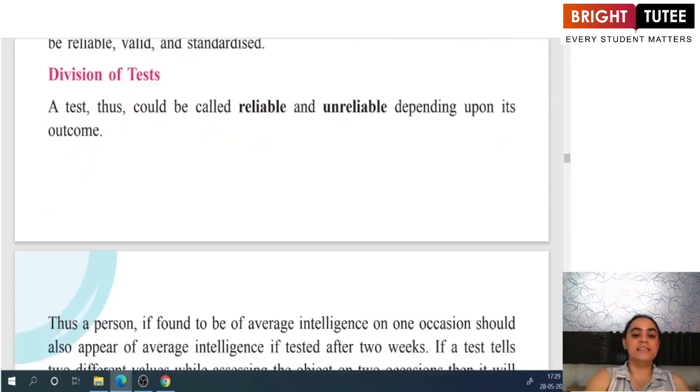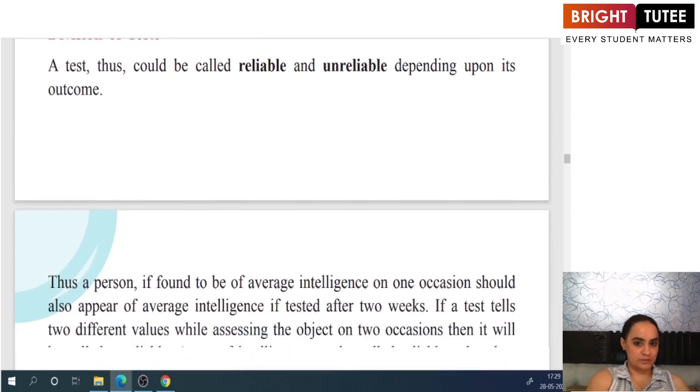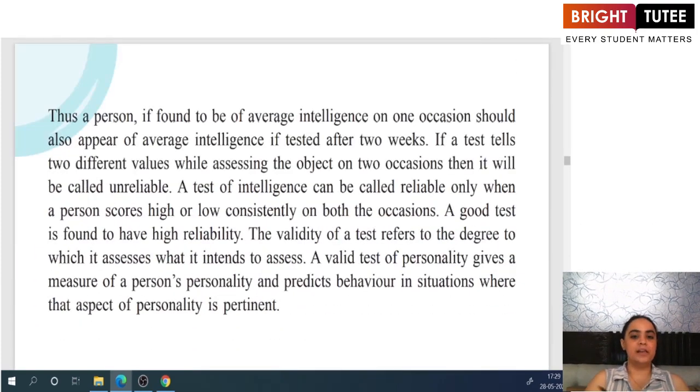Now, a test can be called reliable or unreliable on the basis of its result. What do we get at the end of it? What is the outcome of that result? For example, if a person found to be of average intelligence on one occasion should remain an average intelligent person after two or three weeks when the same test is applied to him.